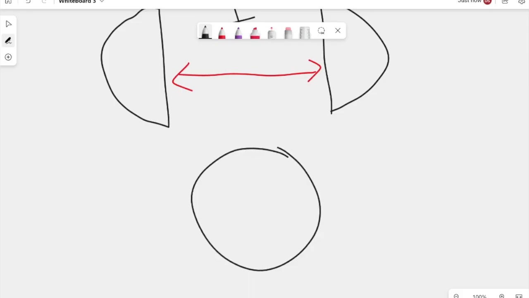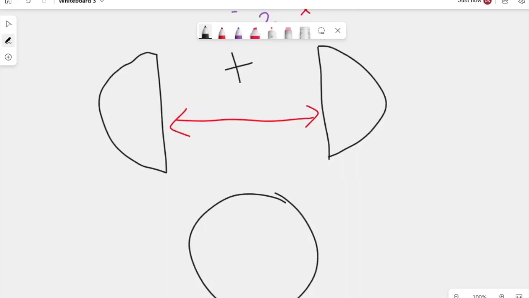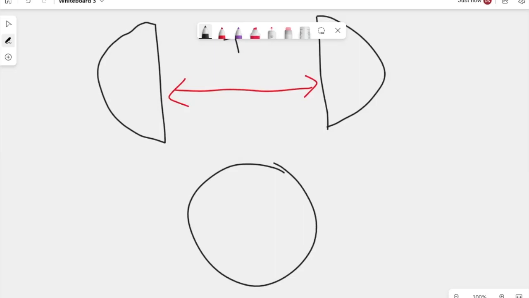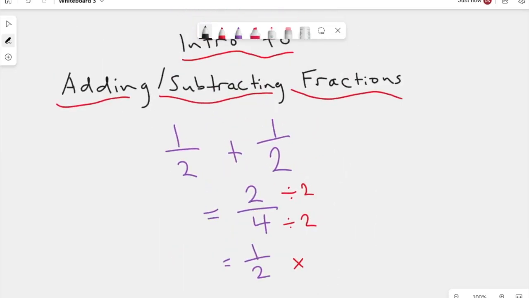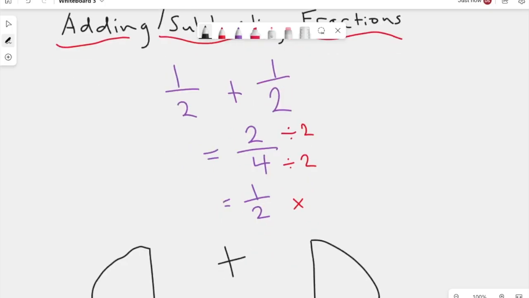Now, it's kind of weird to look at this visually because, well, I've written this down, but how do I show that mathematically? I've shown it visually that, well, okay, I know something's been split into 2 equal bits, and both of those make up one half. When I add one to the other, it gives me a whole. Well, it essentially gives me one whole.